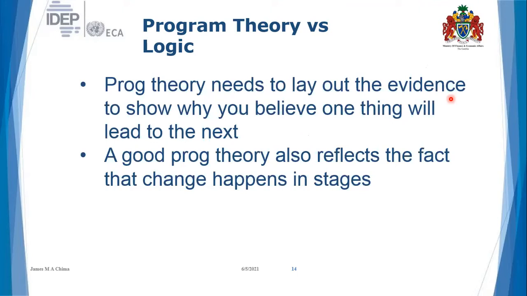This becomes the premise in which program theory needs to lay out the evidence to show why we believe one thing will lead to the next. So the theory, in essence, spells out the sequence of how things will occur.